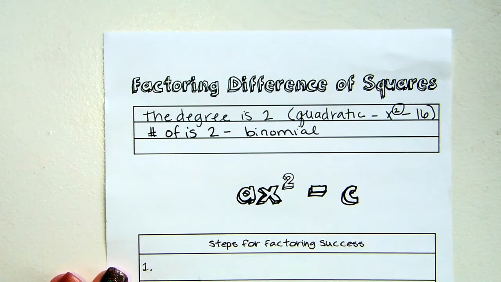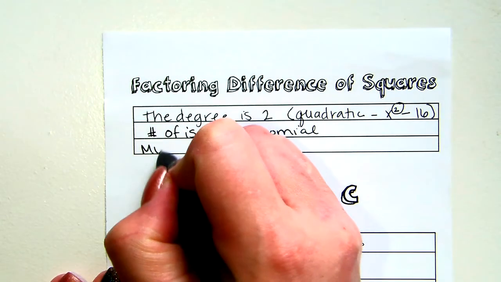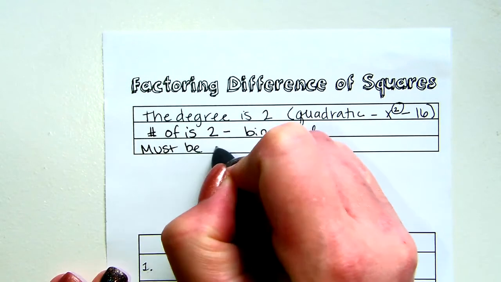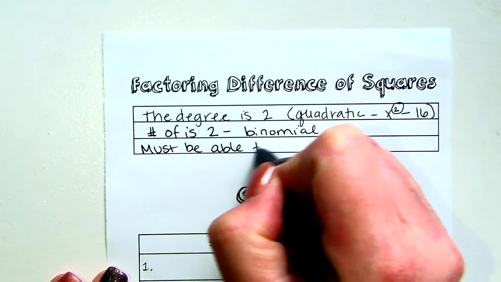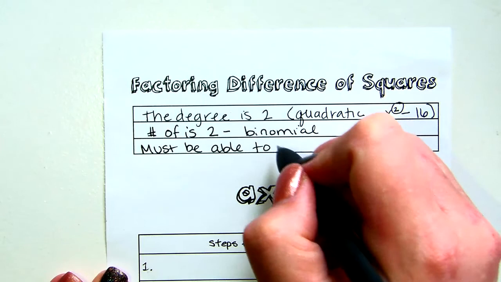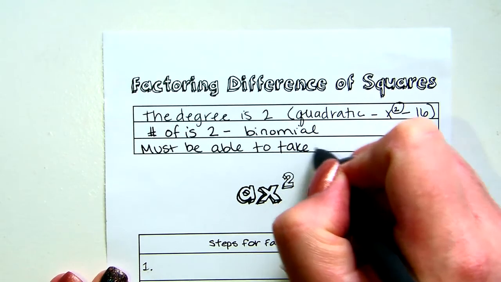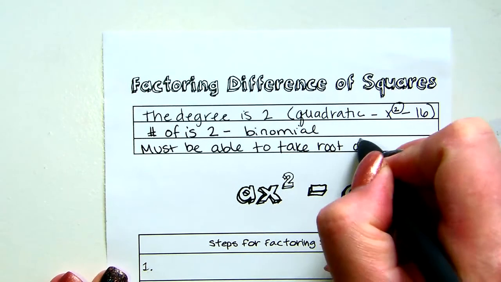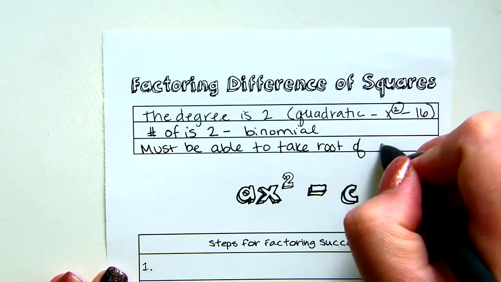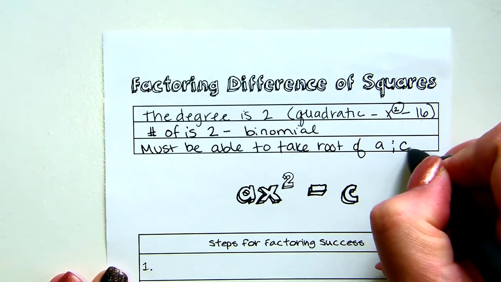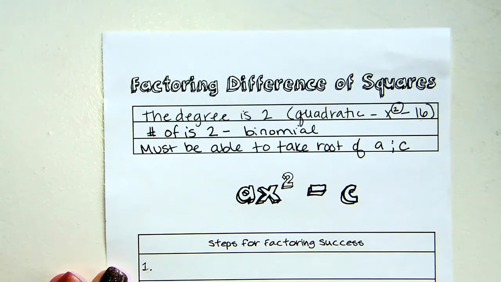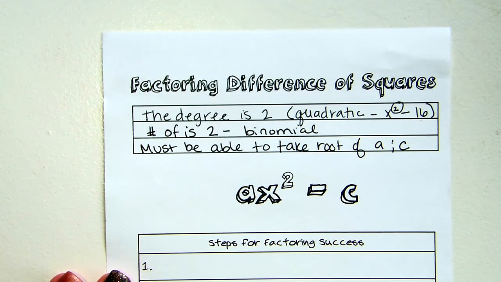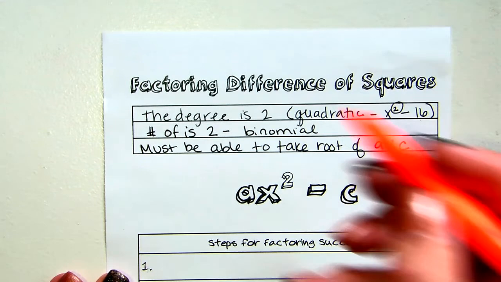And lastly, we must be able to take the root of both our A term and our C term. So, once again, we're talking about factoring the difference of squares.